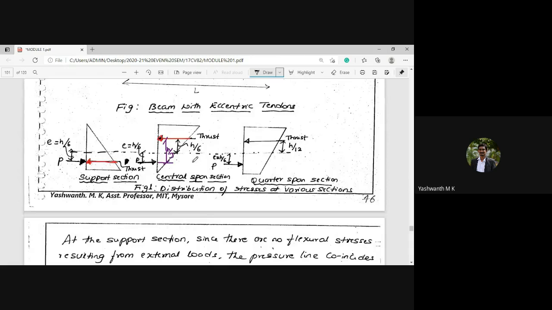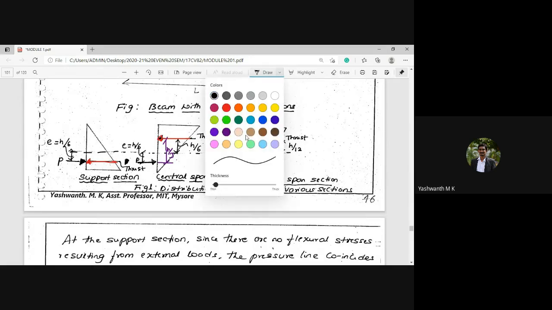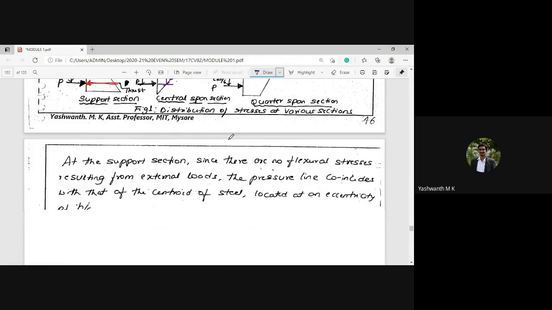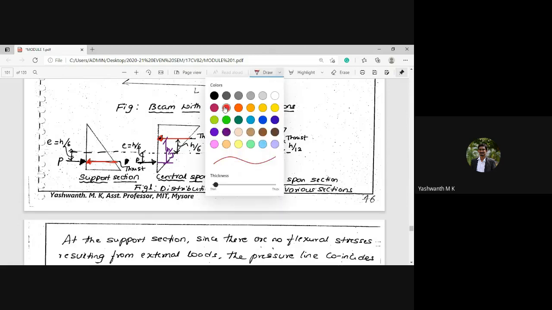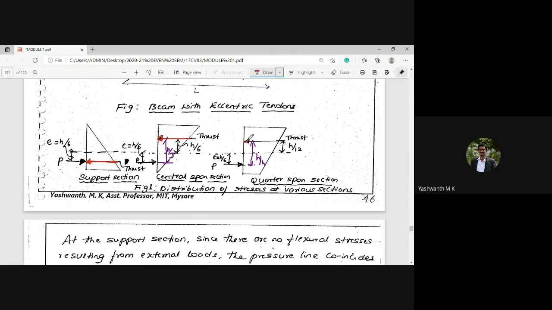So now this particular pressure line has been shifted with a distance, as it states, h by 4. So this distance is h by 4 from the initial position, and so this will be your pressure line or resultant force that is acting.